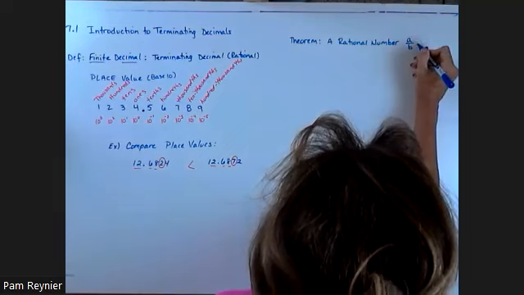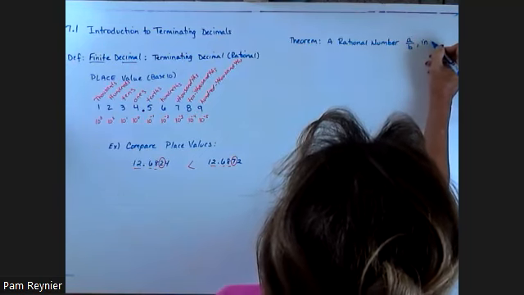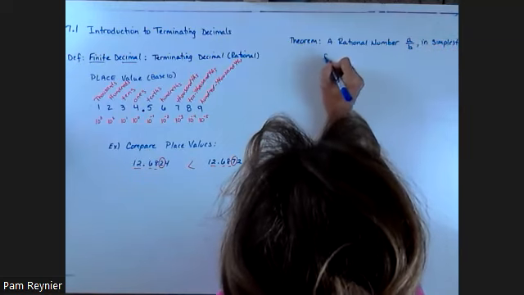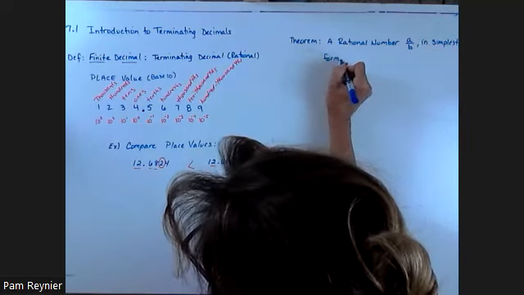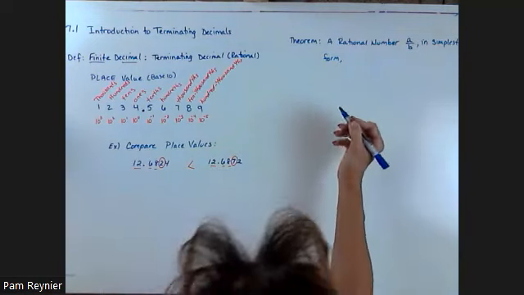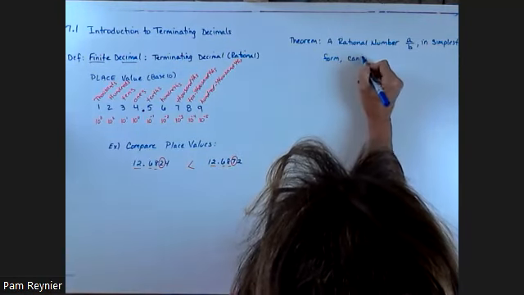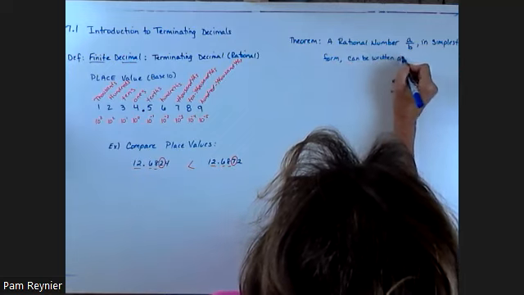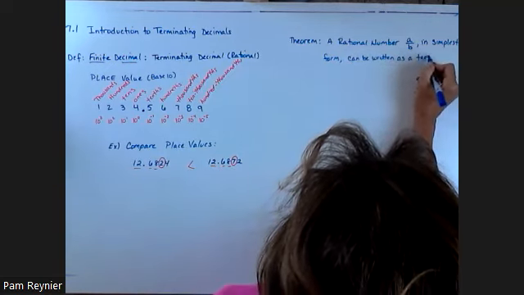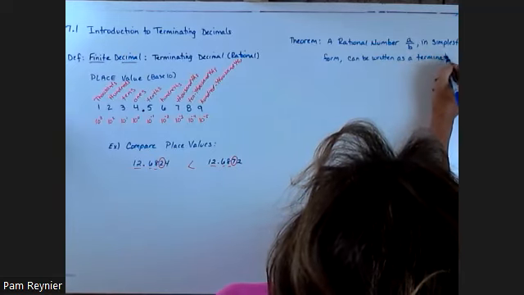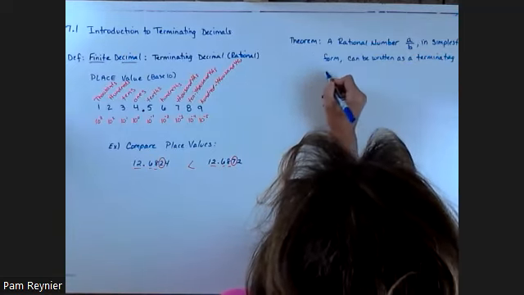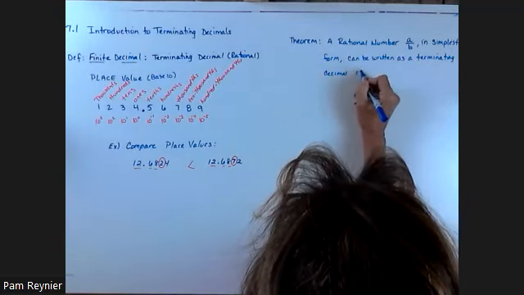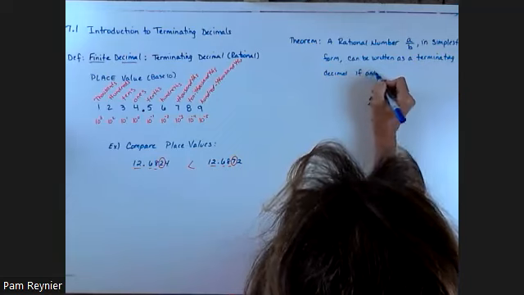So a rational number in reduced or simplest form can be written as a terminating decimal if and only if. So this works both ways.